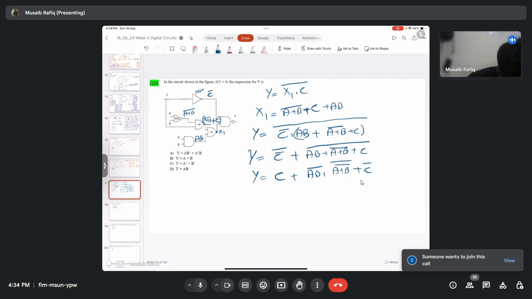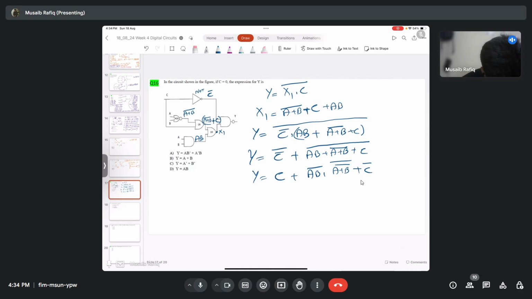I think I made a mistake here. So it is C plus (A plus B) bar, AB plus (A plus B) bar plus C, correct? And then it's (A plus B bar plus C plus AB) whole bar, and then C bar.